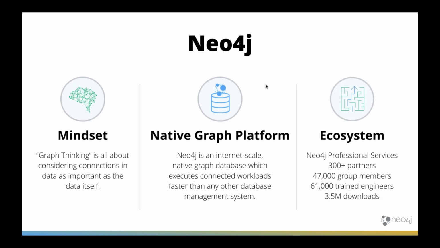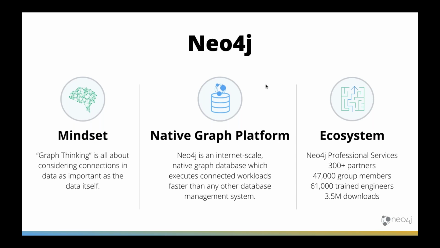The third area that really helps us is our ecosystem. Since our beginning, we adopted a very open source strategy, which itself has helped create a very important part of the ecosystem. We have over 3.5 million downloads. We work with about 500 partners.